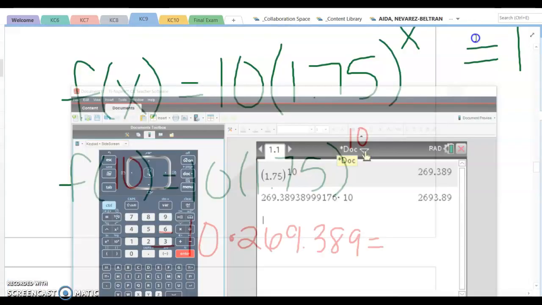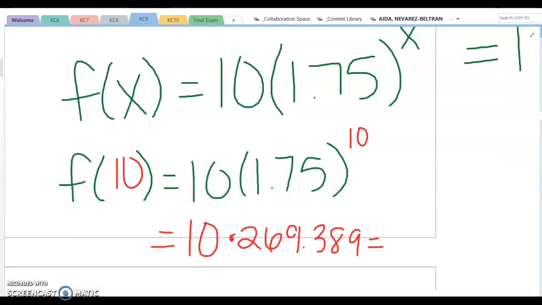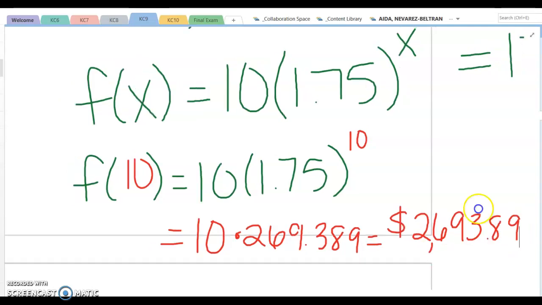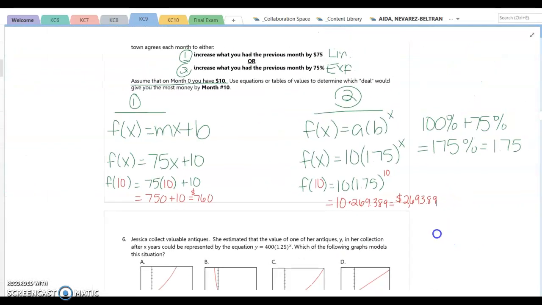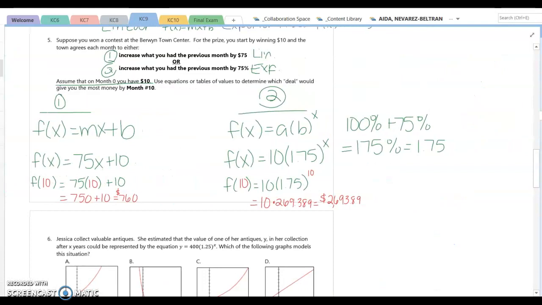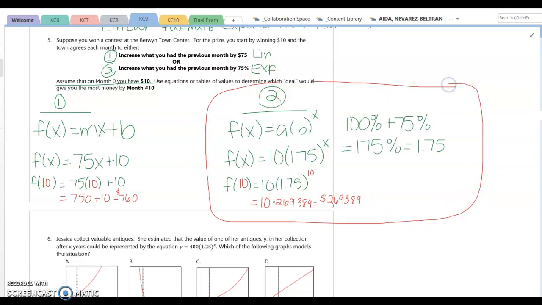Boom, 2,693.89. Right, so looking at these two options, I can tell you for a fact which one I would want. I would want to have the one where I end up with almost 3,000 rather than 800. So we want deal number 2 because this is mo money.